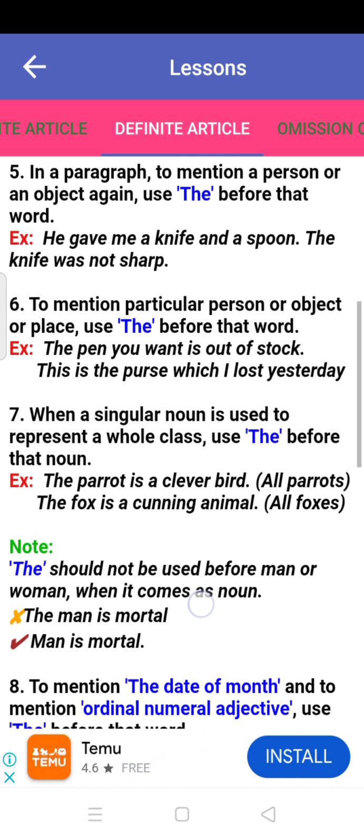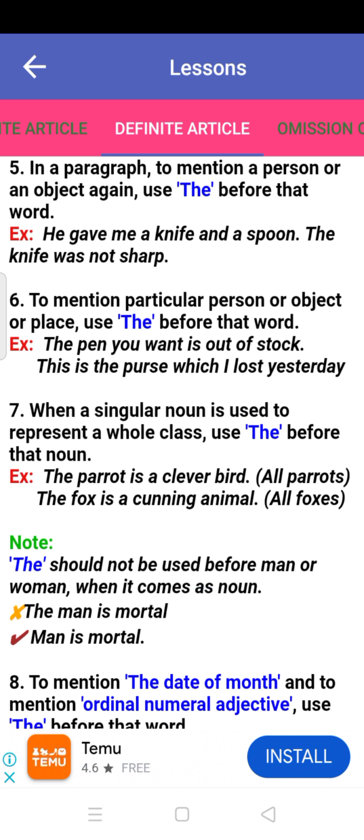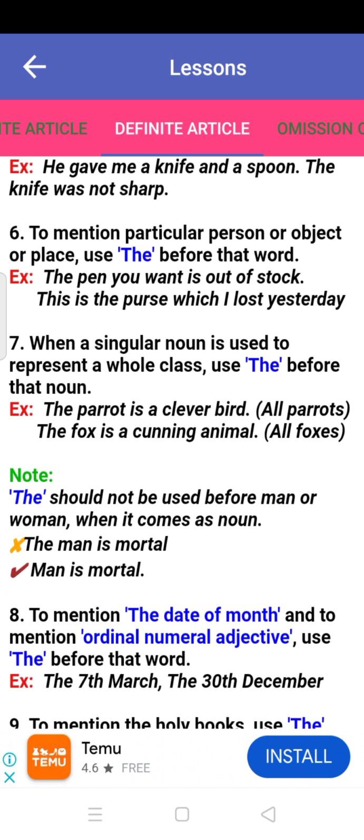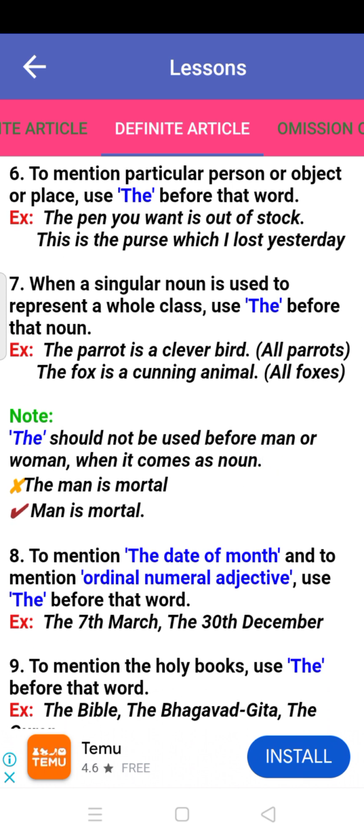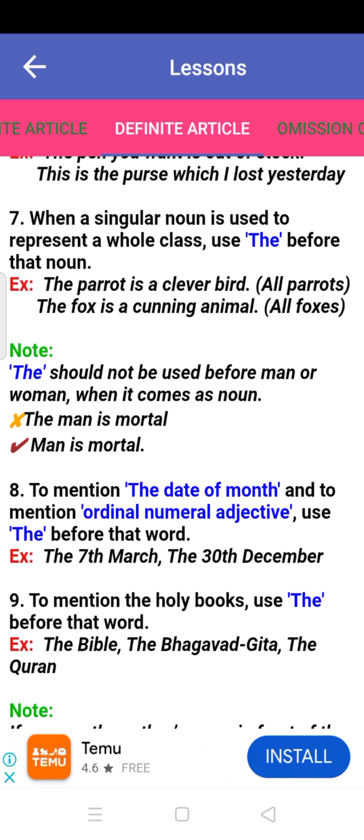The sixth one is: to mention a particular person, object, or place, use the before that word. The pen you want is out of stock. This is the purse which I lost yesterday. The seventh one is: when a singular noun is used to represent a whole class, use the before that noun.